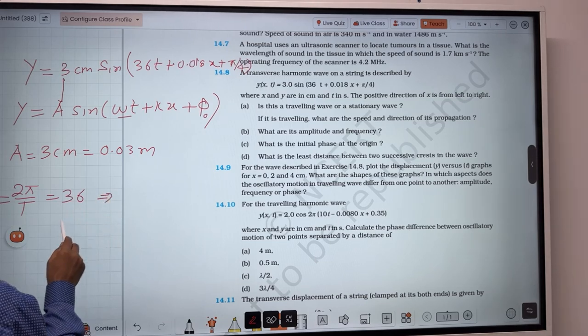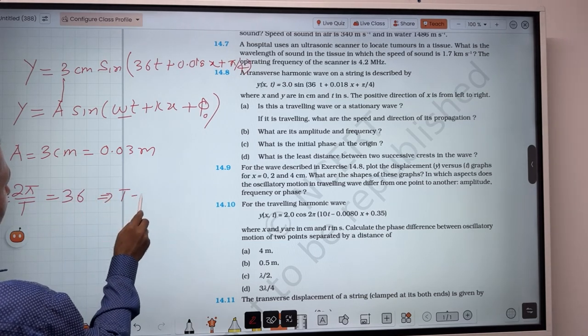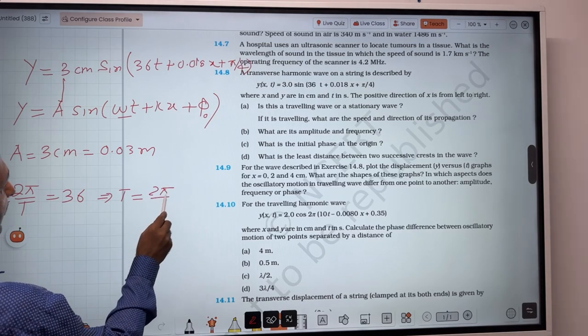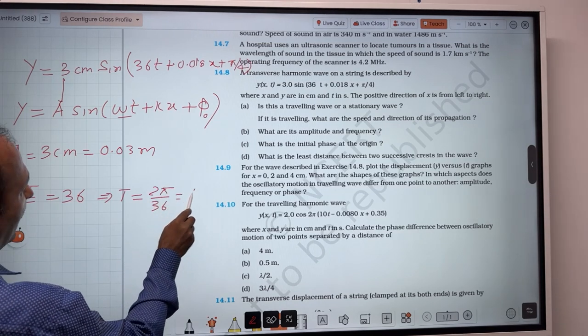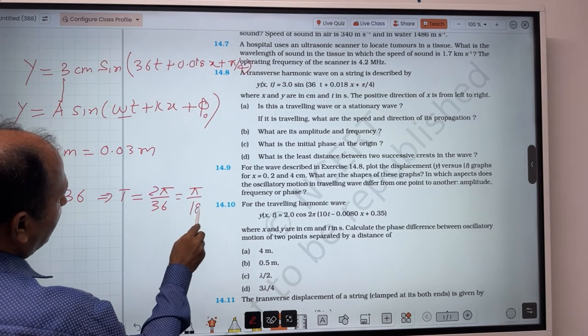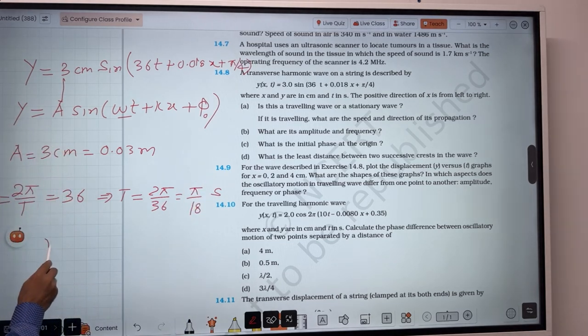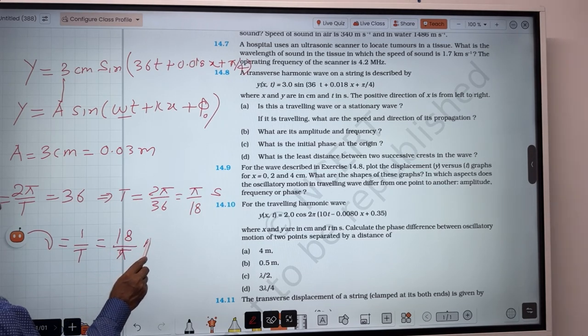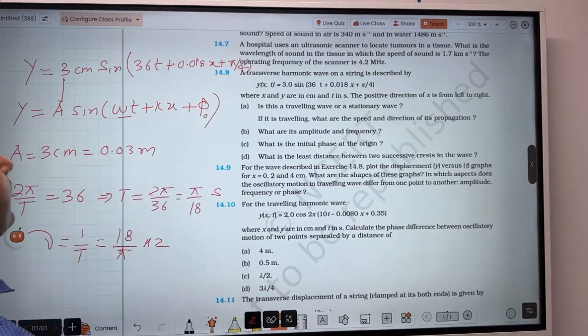So we can find the time period from here. Time period will be equal to 2π by 36, or π/18 second. Suppose we want to find frequency, 1 upon time period, so it will be 18/π hertz. Correct. Now, initial phase is π/4.